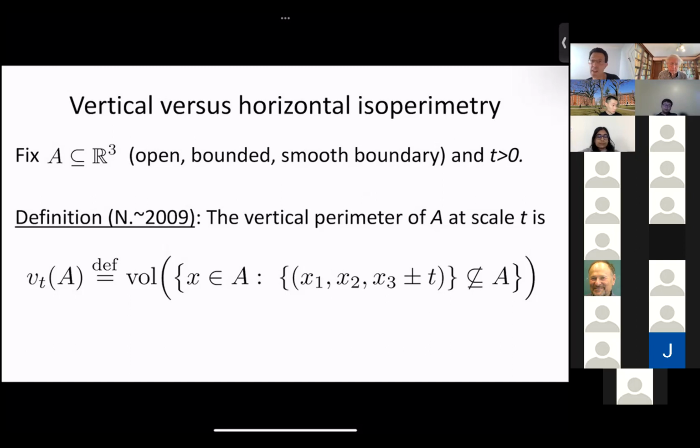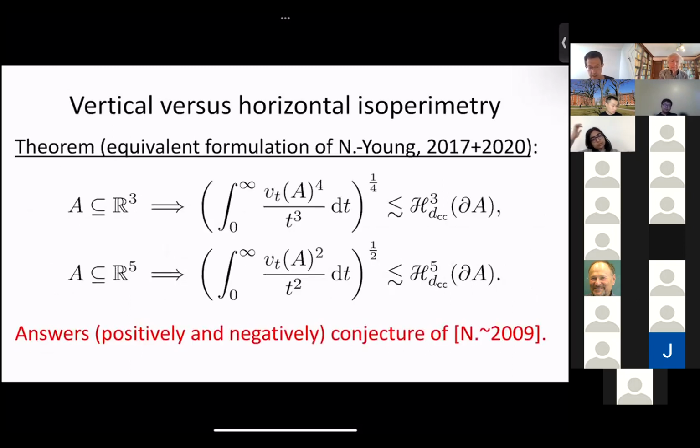So now what was counts before becomes volume. Okay? I just want to explain the setup in the continuous world. And then these are the same inequalities in the continuous world. So you have these 4th powers of the volumes, or in dimension 5, the squares of these volumes. This corresponded to taking the counts of points and raising them to the correct power.